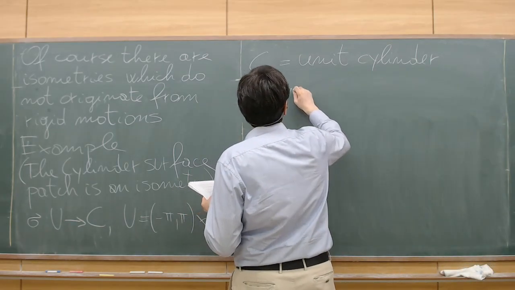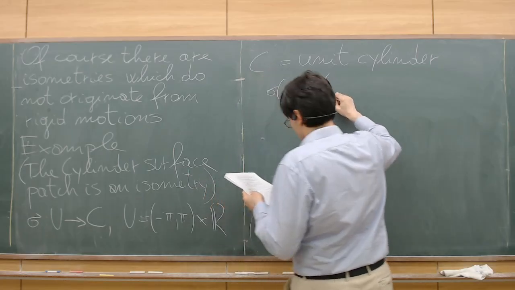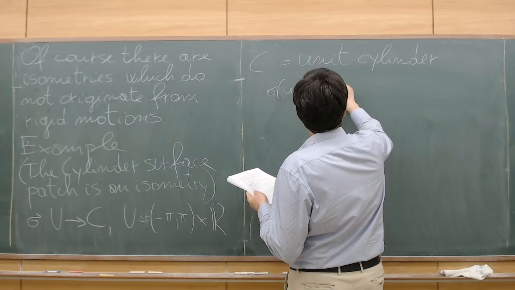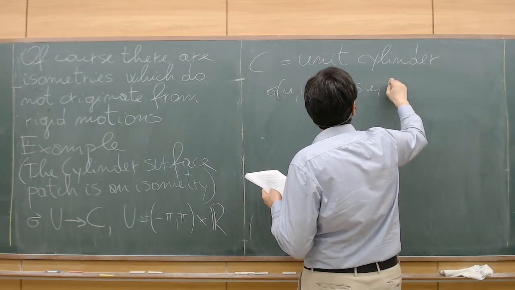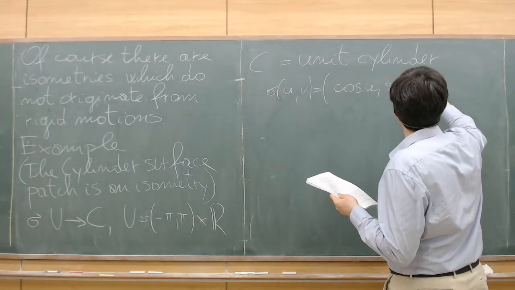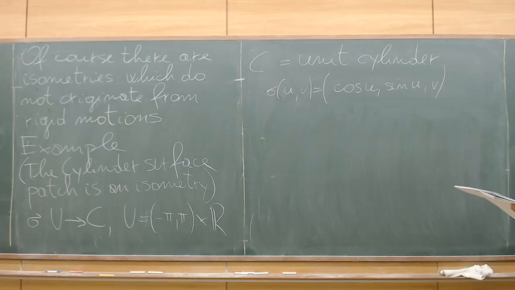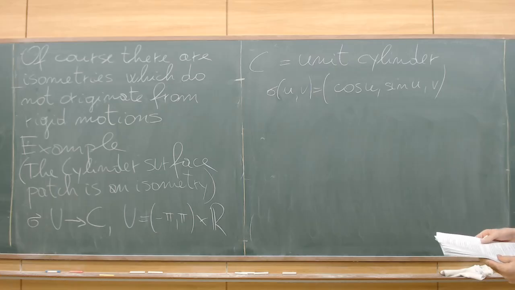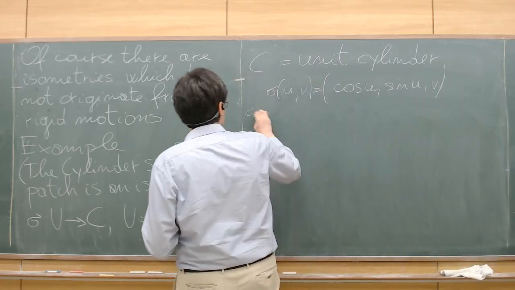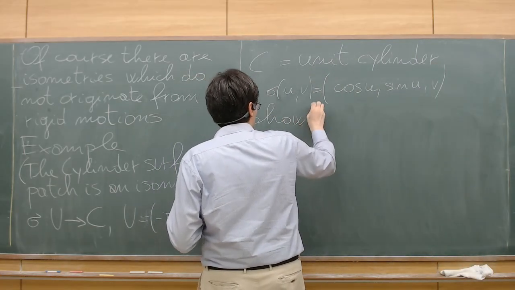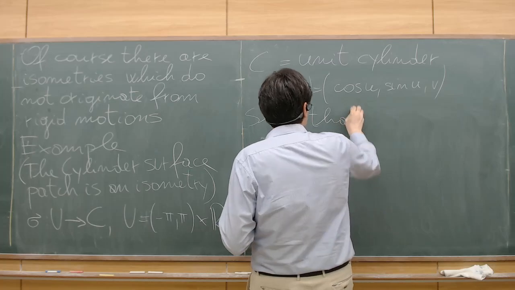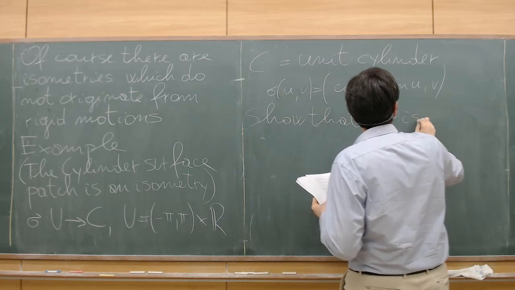Sigma(u,v) is equal to (cos u, sin u, v), and we want to show that sigma is an isometry.